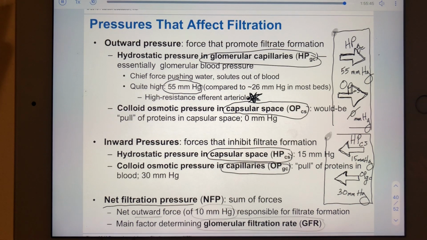And it's probably pretty obvious, right? 55 total versus 45 total, that outward forces win by about 10 millimeters of mercury, okay? Net filtration pressure is the main determinant of what's called glomerular filtration rate. We'll come back to that very soon.